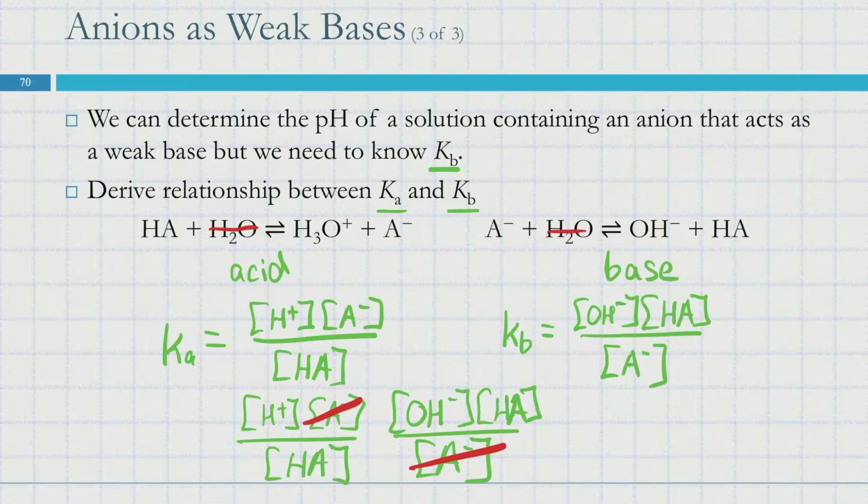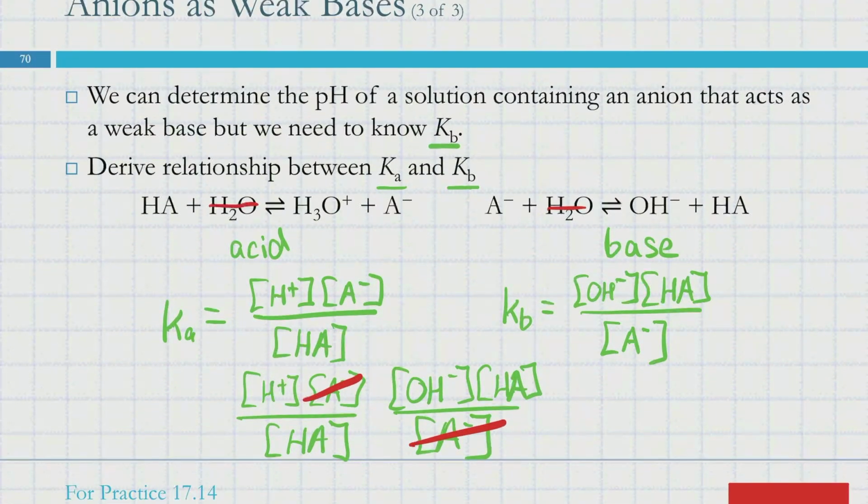Our concentration of A minus cancels. Our concentration of HA cancels. And we're left with the concentration of H plus times the concentration of OH minus. And what is that equal to? It's not H2O, it's related to H2O. That's our Kw.